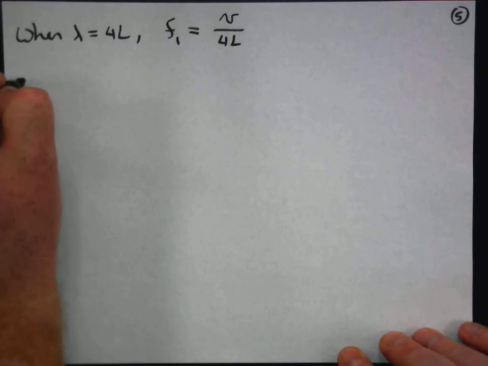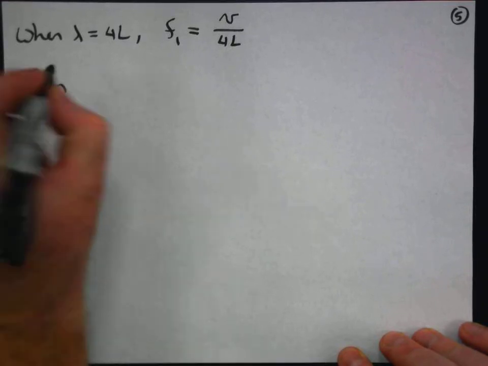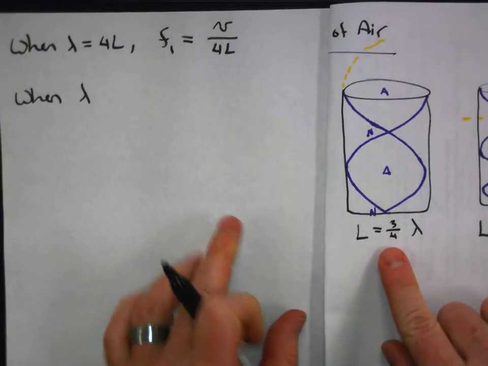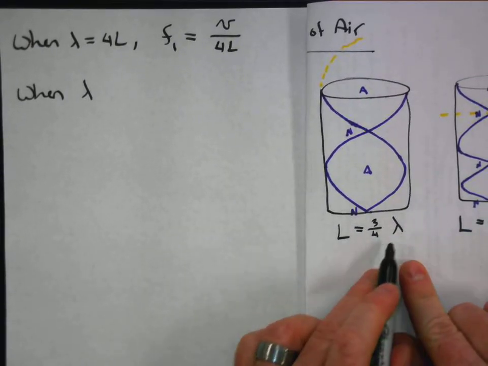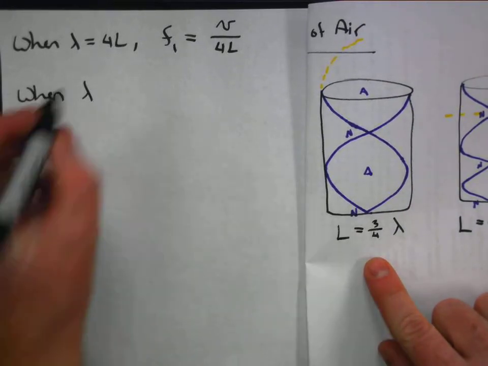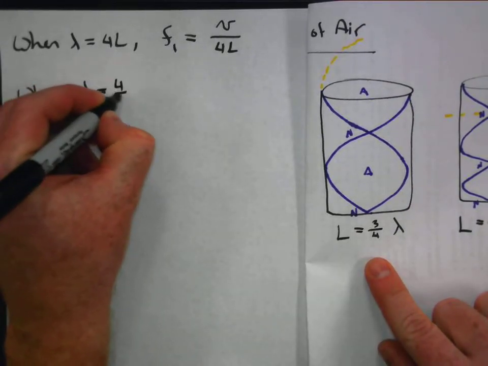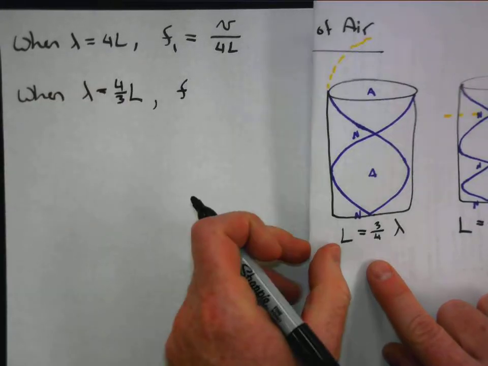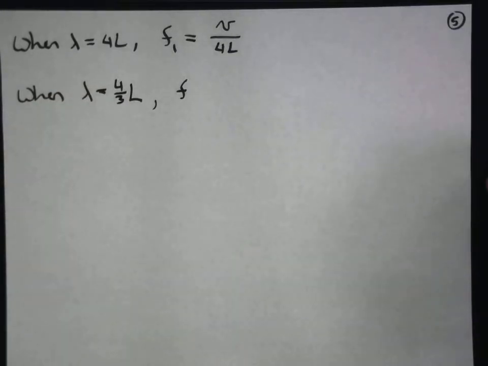And so now, how about the next one? When the wavelength is 4/3 of the length, 4/3 L, there's going to be this resonant frequency. It's resonating. There's a standing wave.